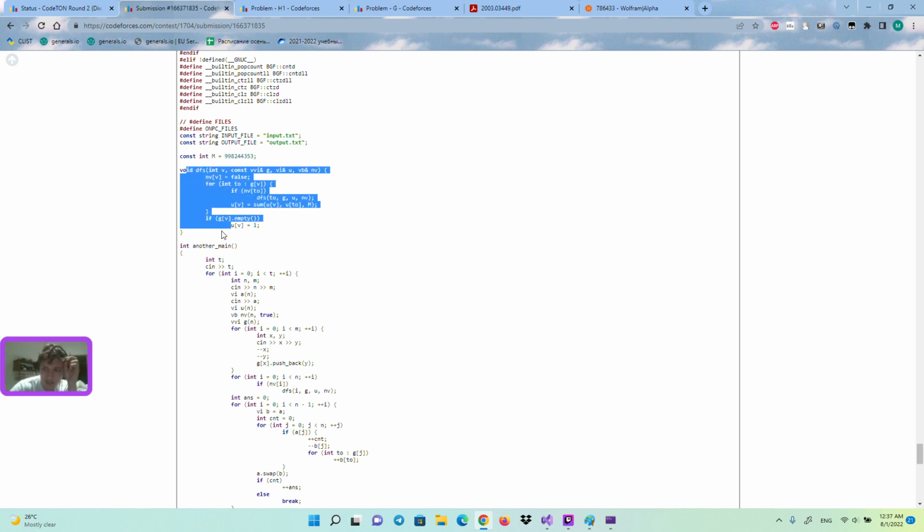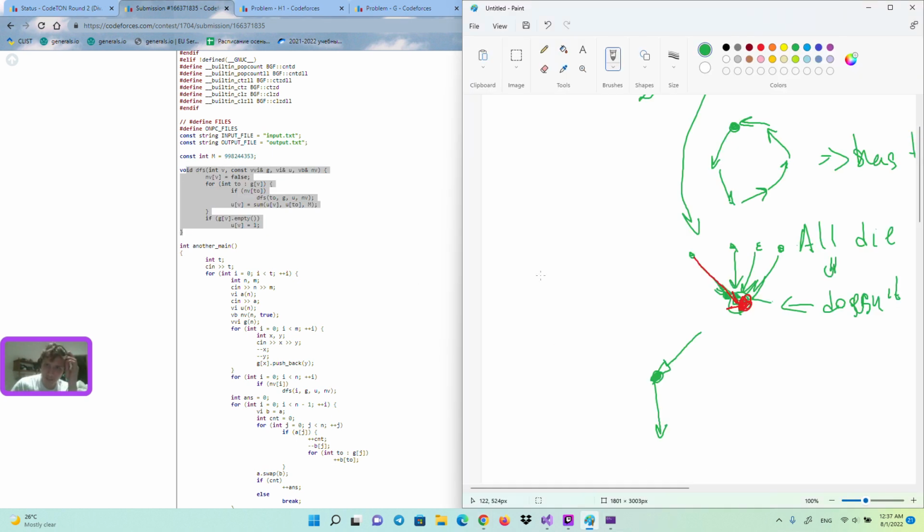So I find in how many ways, if there is a 1 in some vertex, this 1 comes into the final vertex. Okay?